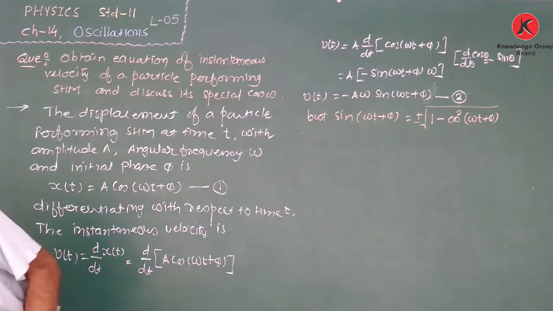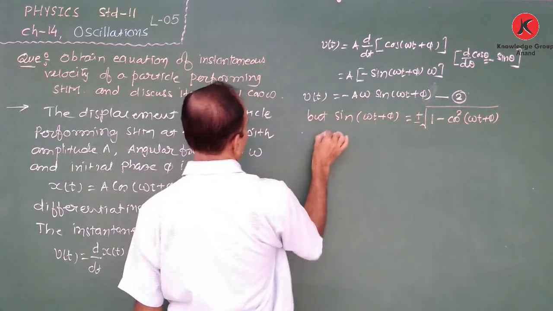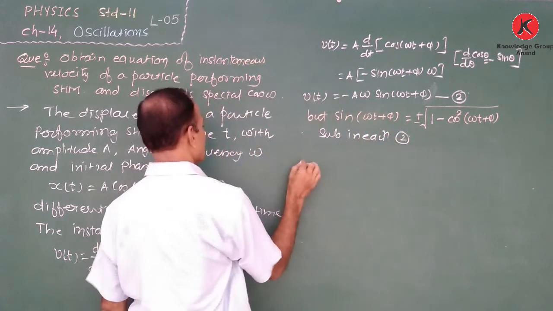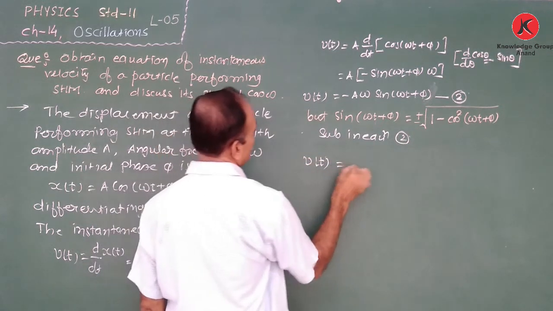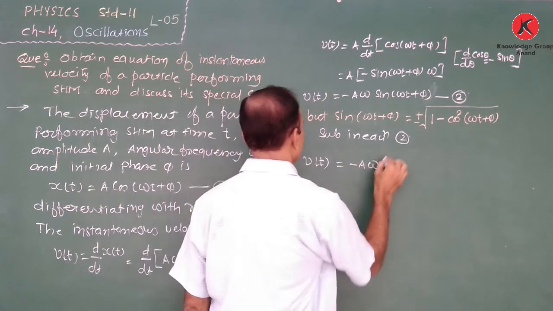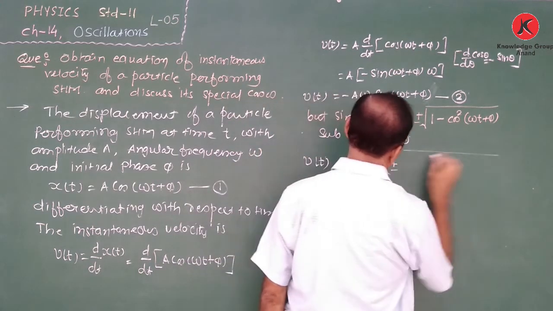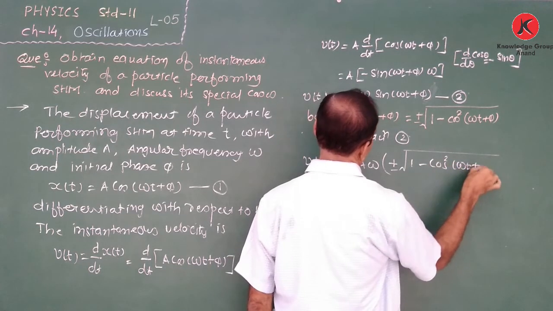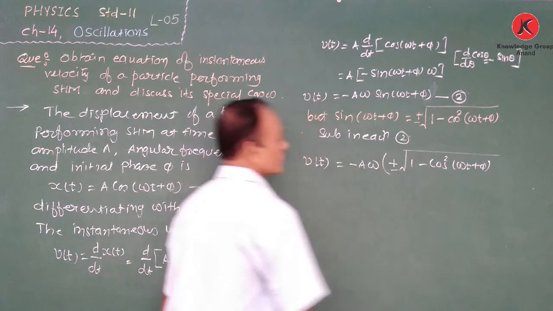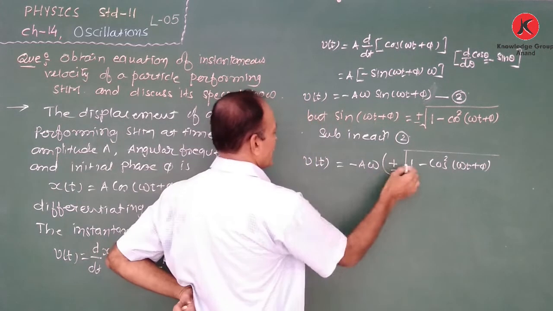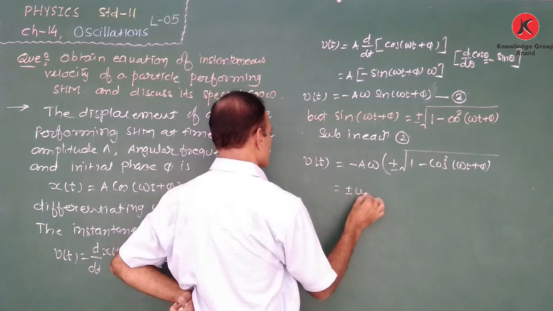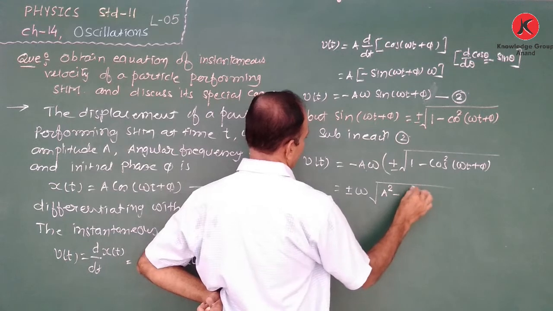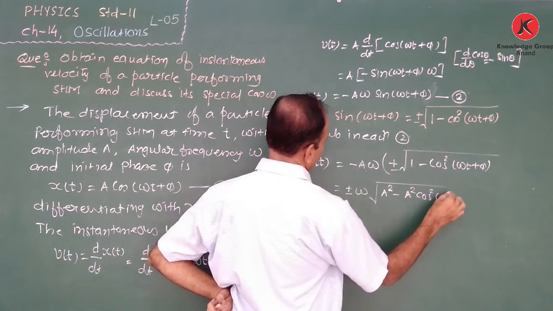Here we are using this concept and substituting in equation 2. So what happens? Instantaneous velocity is equal to minus A omega, times plus or minus the square root of 1 minus cos square(omega t plus phi). So taking A inside, therefore plus or minus omega times the square root of A square minus A square cos square(omega t plus phi).